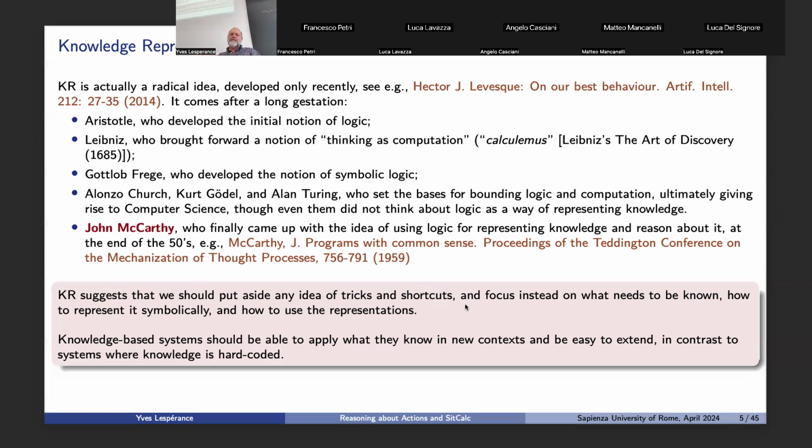This is very different from the approach used in, say, deep learning, where you show a lot of examples and you let the system extract some very compact representation from this humongous number of examples.